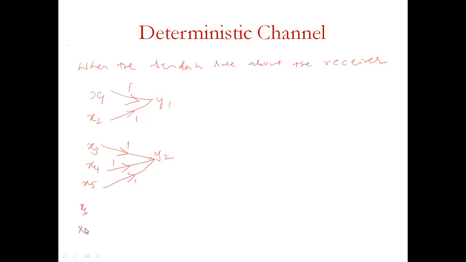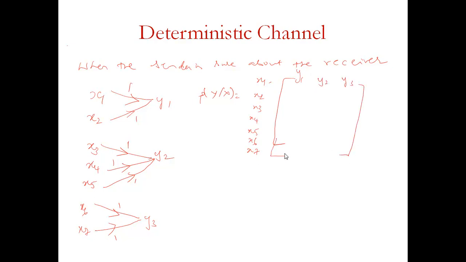So x6, x7, say. Here we have 7 inputs and 3 outputs. So the channel representation P of y given x has 7 inputs, x1 to x7, and 3 outputs, y1, y2, y3. We know that x1 gives only to y1 with probability 1.